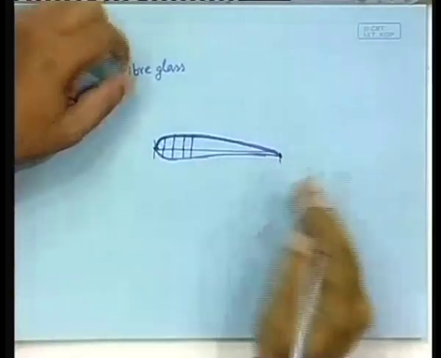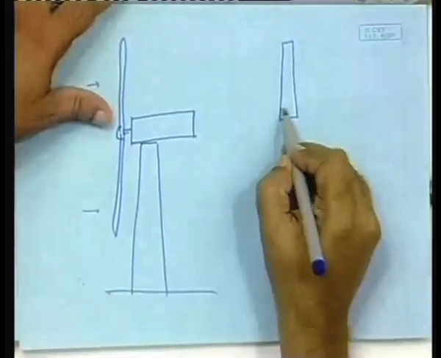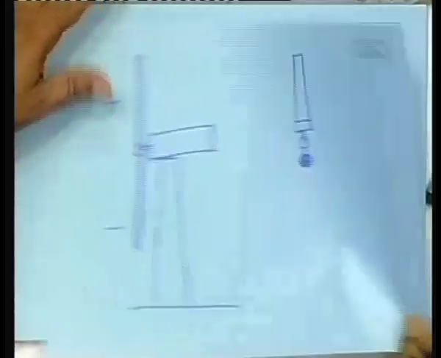Fine. How will you determine the chord? This is the chord from here to here, the length, from here to here, the chord. So, how big should it be?